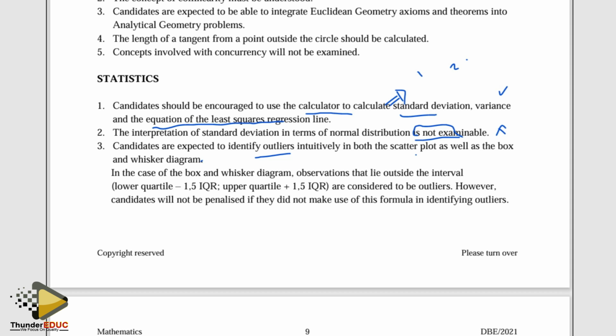So in case there is a box and whisker observation that lies within this range or that range, it is considered to be an outlier. However, we shall not penalize anybody for not using the formula. So just by virtue of looking at the numbers, remember outliers are extremely small values or extremely high values. So if we focus on that, we can get that as well.